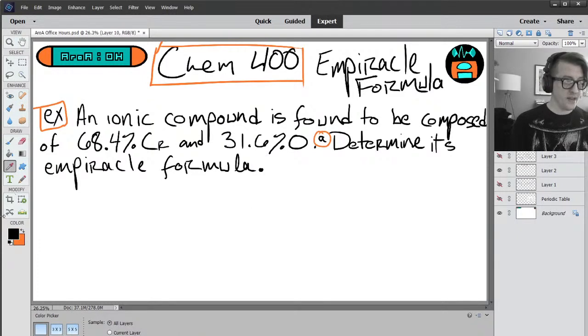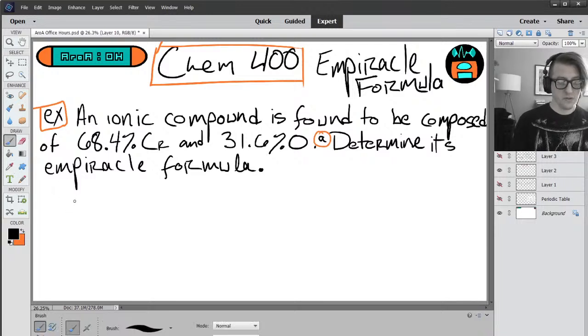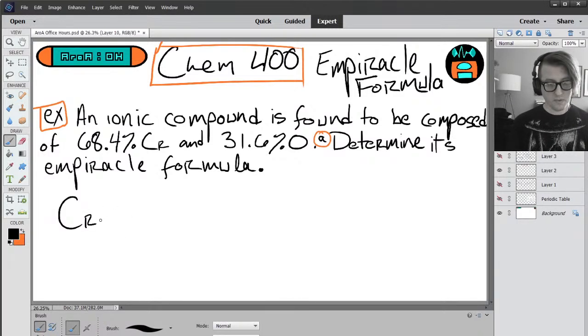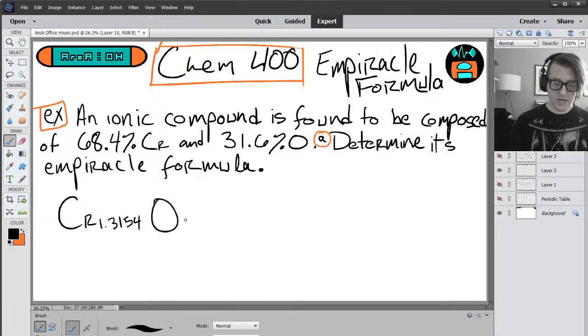Now that we know the molar quantities of each element, we can plug in these values for both X and Y. So we're going to have chromium with a subscript of 1.3154, it keeps going, and oxygen with a subscript of 1.7975.